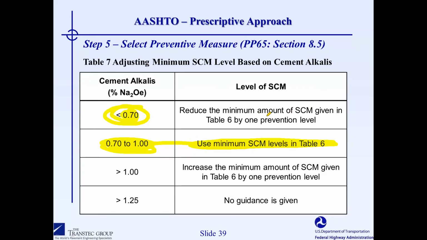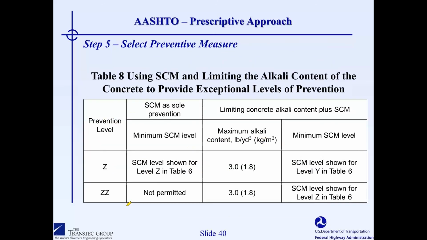So if you're in level Y, you can drop down to level X, for instance. On the other hand, if you've got a high alkali cement, you have to go in the other direction and increase the amount of SCM. If you have a very high alkali cement, above 1.25%, we're not sure. We don't really have the data for such systems, so we don't feel confident prescribing advice without the data to support it.